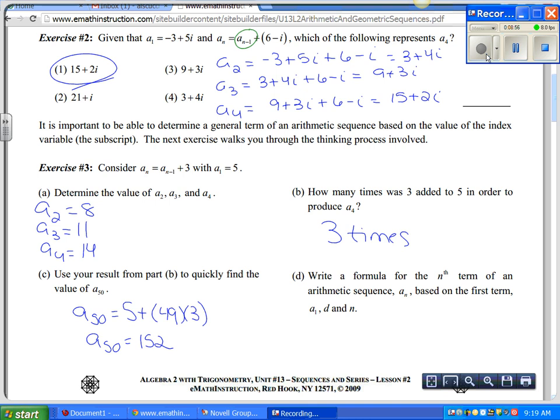It tells you exactly what to use. Now you just have to put them in the right spot. Who's got it? d times n minus 1. Excellent. Okay, make sure you know it, guys. All right, let's move on.